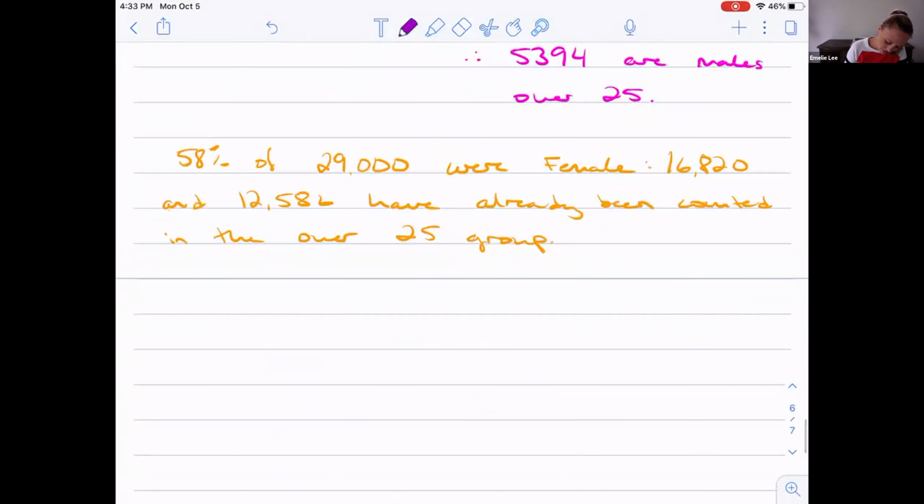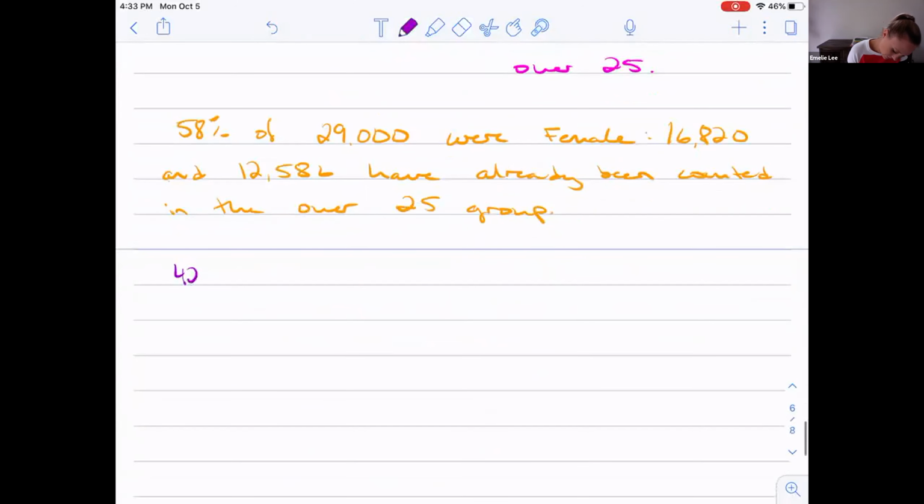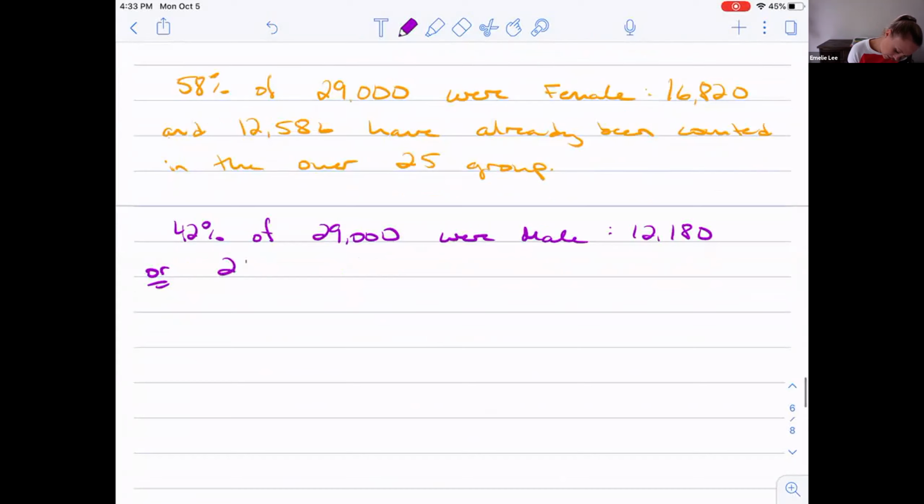So then 42%, by the same logic, just to kind of tie it together, of 29,000 were male, right? Which is 12,180, or you could say 29,000 minus 16,820.